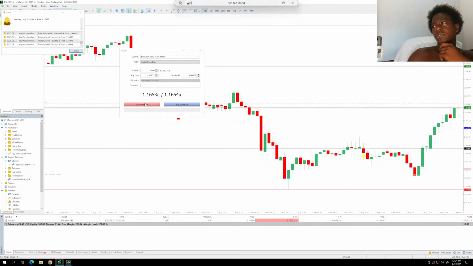I don't know if that's a pause or not. We're playing on that line right there, guys. Good thing we don't have wide spreads at this point.